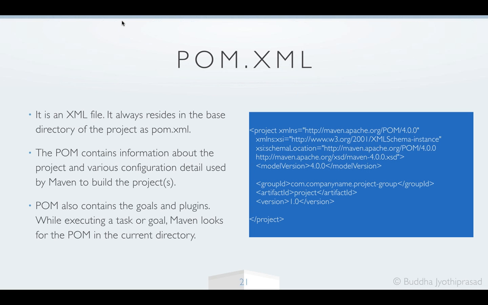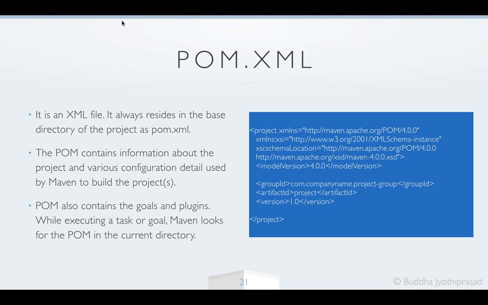According to the conventions, you have to place all your source code in a folder called src/main/java in your project, and all the resources, that means the other extra files that you need, in src/main/resources, and all the test cases in src/test/java, and the test resources in src/test/resources.